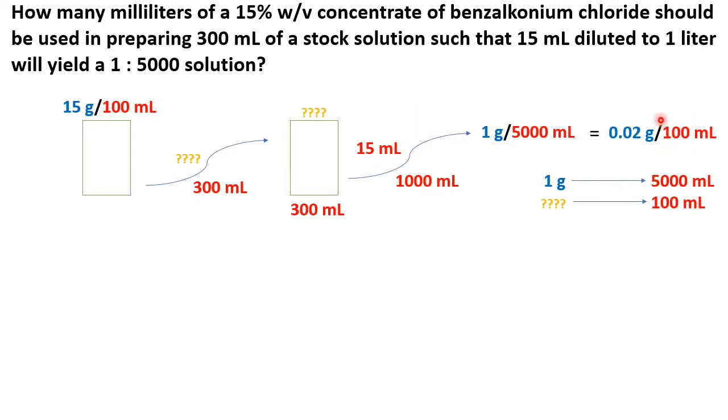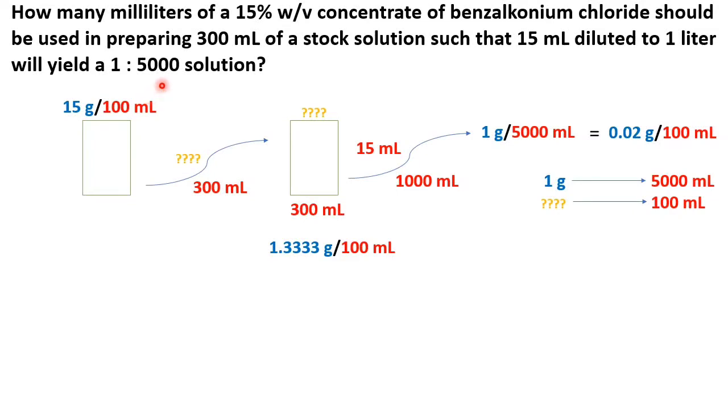We multiply 0.02 times 1000 over 15, and by doing that we get that the concentration of this solution is 1.3333 grams per 100 milliliters. Okay, so now we have three known concentrations.